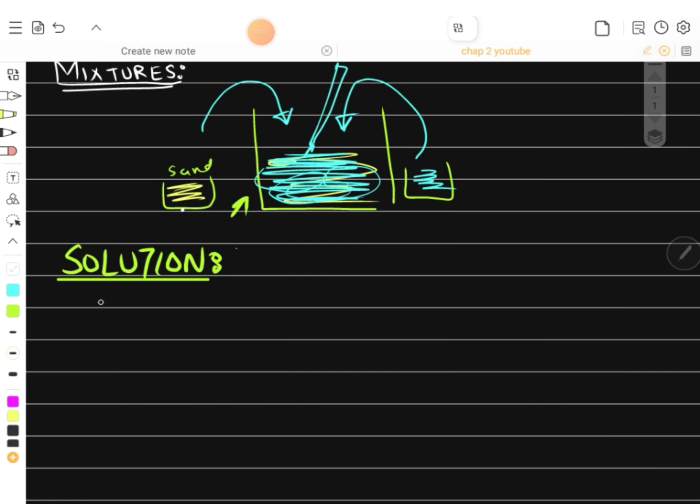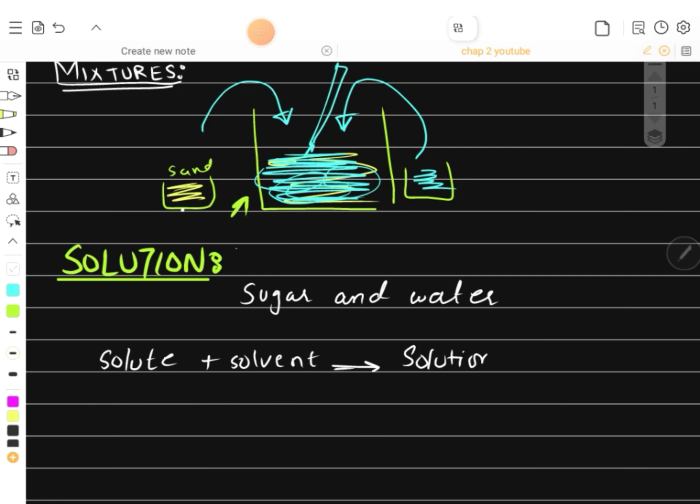Let us consider another example, sugar and water. So a solution consists of a solute plus solvent, which gives us a solution.